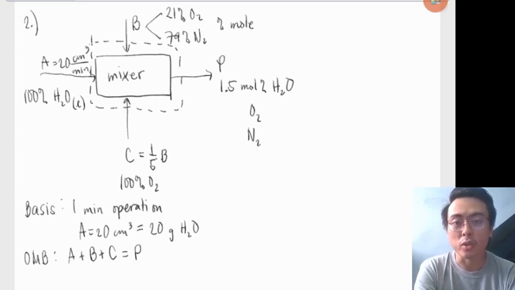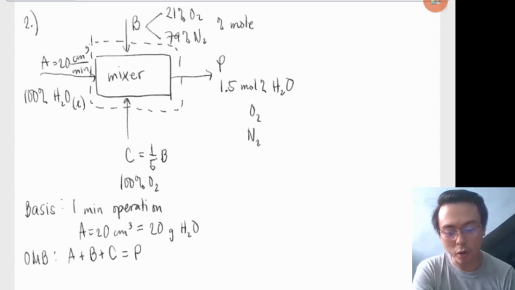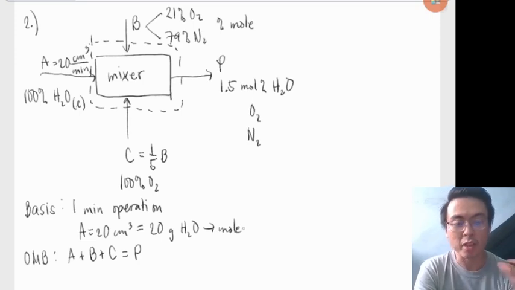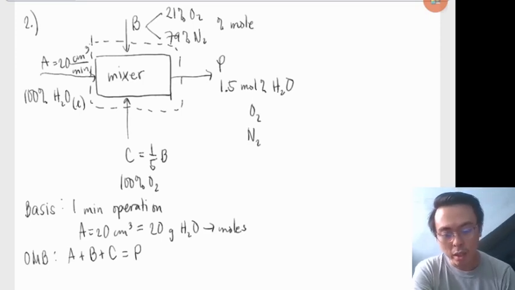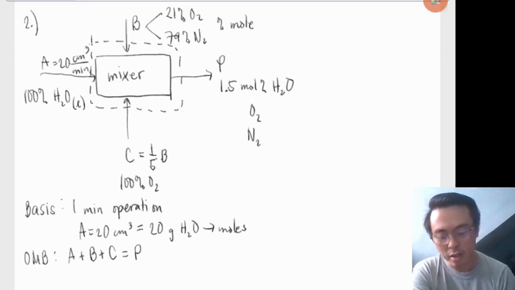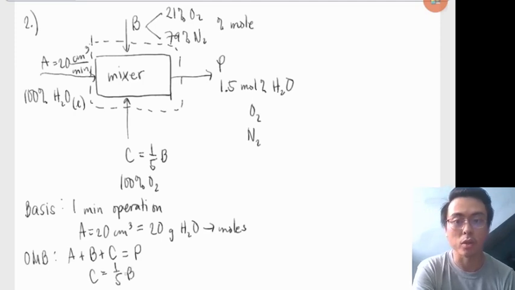For my suggestion to you, it would be simpler if you proceed with moles. You simply have to convert A to moles, because everything else is in percent by mole. So it would be easier if your analysis is in moles. Okay, so that is already your OMB. And from your OMB, we can have simplifying assumptions such that C is equal to 1/5 of B. So you can substitute that in order for you to lessen the number of variables.